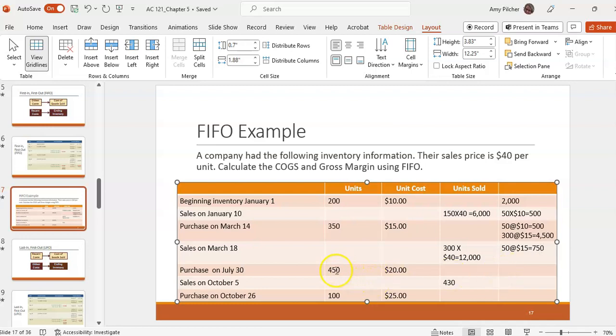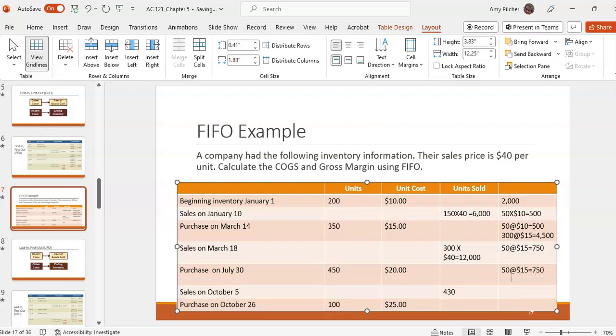Then we buy 450 at $20. So we have 50 at $15, or $750, and we have 450 at $20 for $9,000.